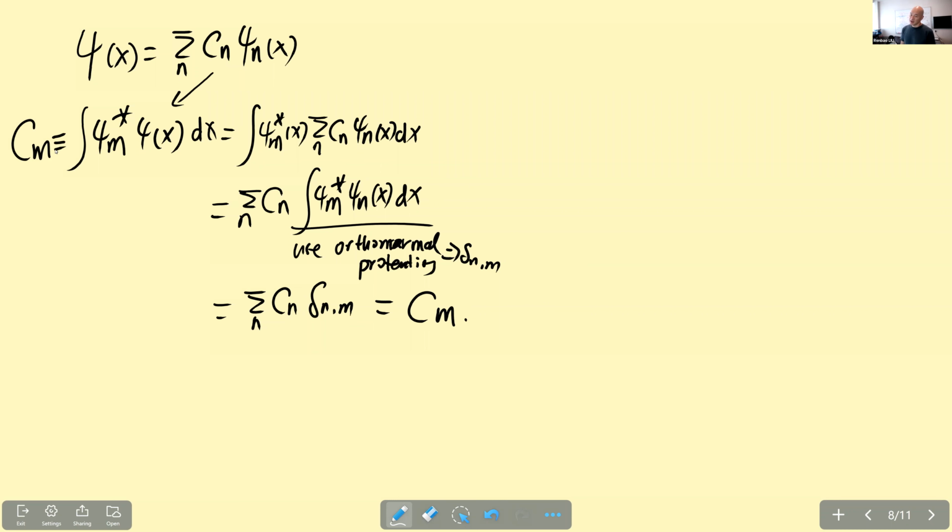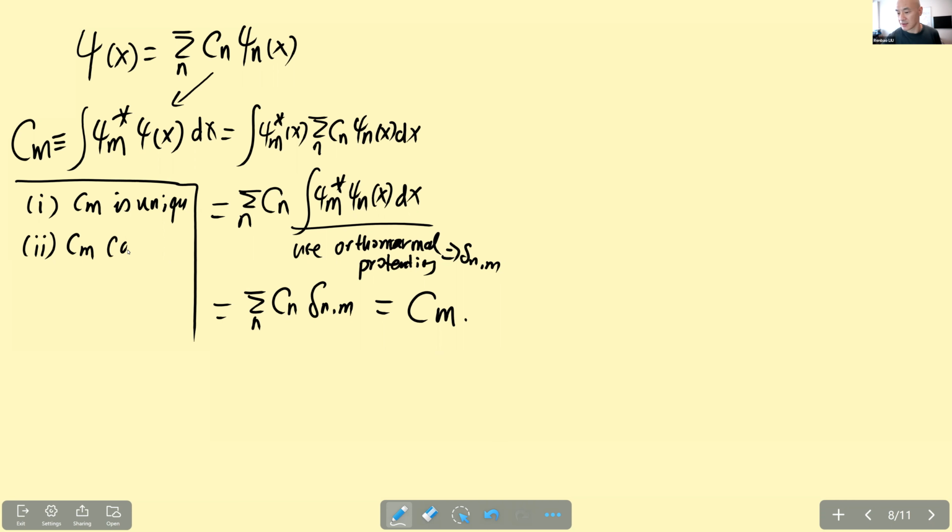So this proves, first of all, C_n is unique, and secondly, C_n can be found. So if you have any function, you can find these coefficients.